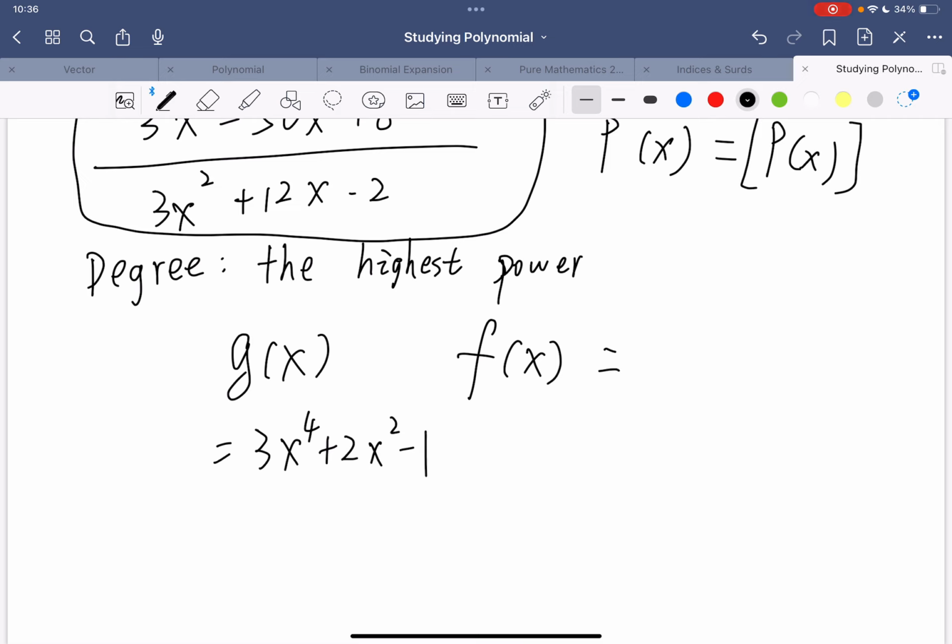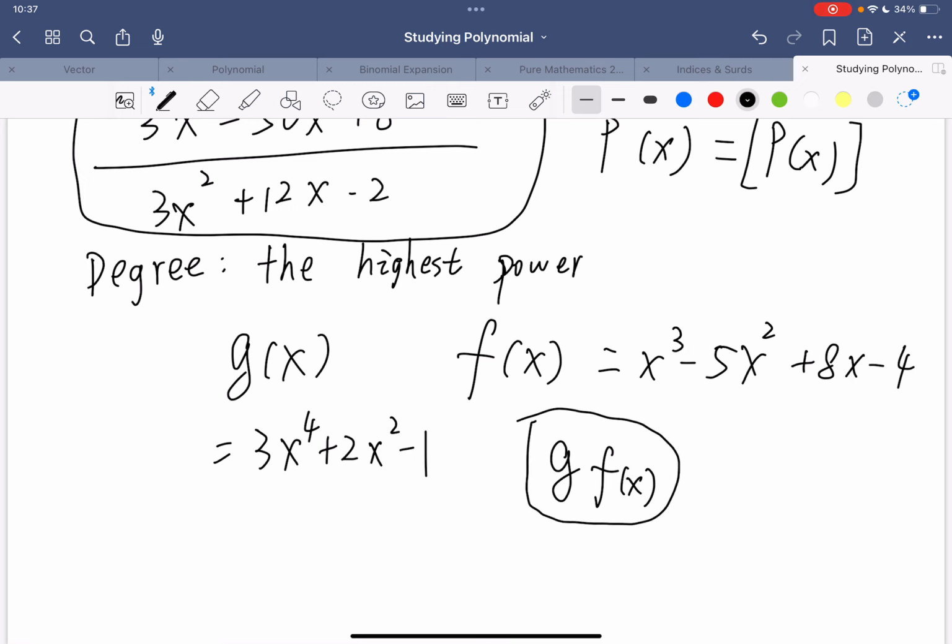And f(x) equals x cubed minus 5x squared plus 8x minus 4. Okay, what about g(f(x))? If I combine the two functions together, what would happen?